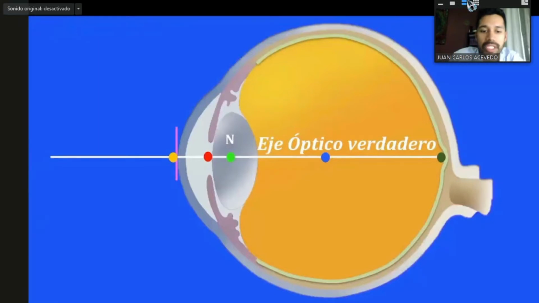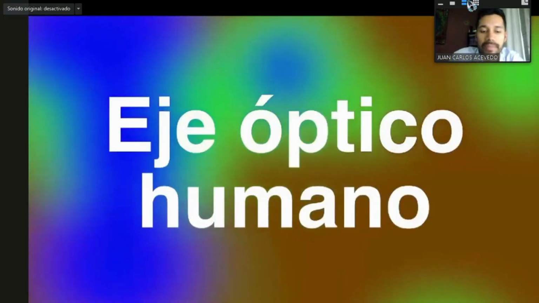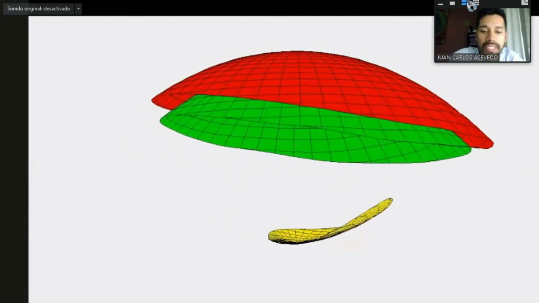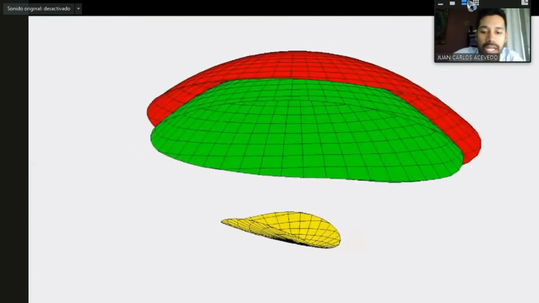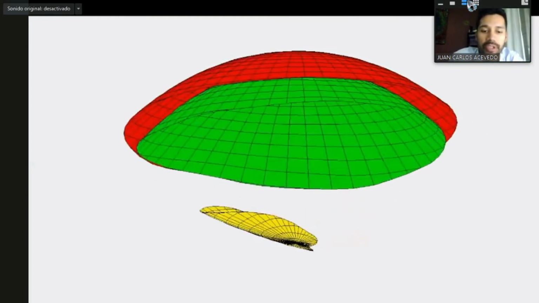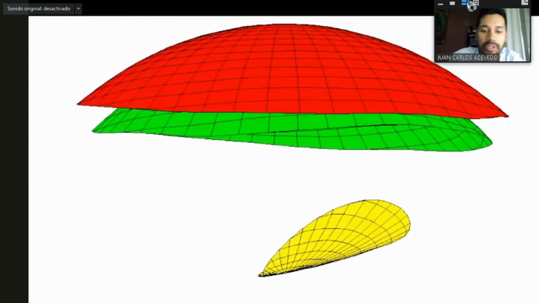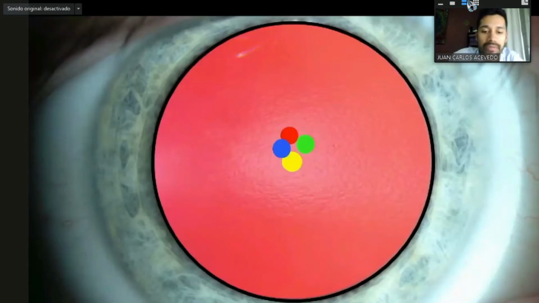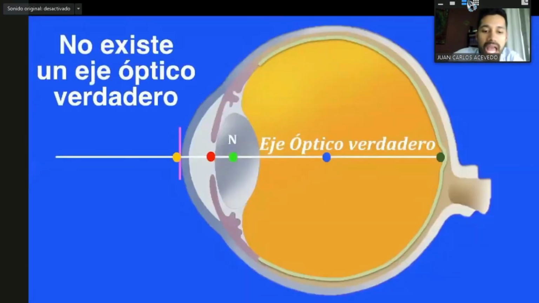This is an ideal optical system, but the human optical system is not like that. The optical surfaces are off-center, not rotationally symmetrical, and have a certain inclination in the curvatures. So all these images formed would be like this. A true optical axis doesn't exist.